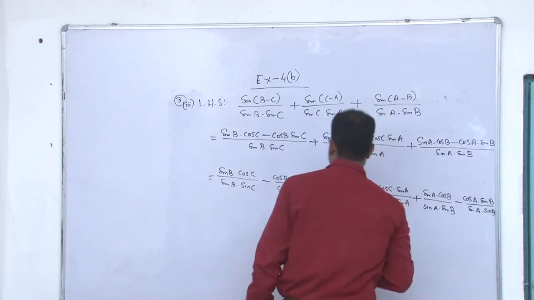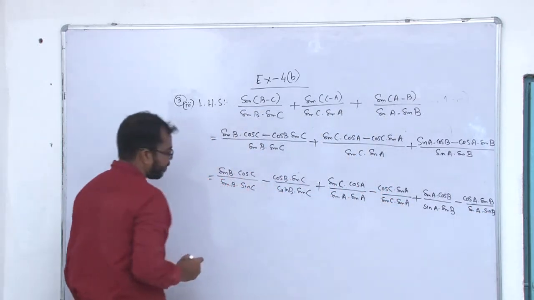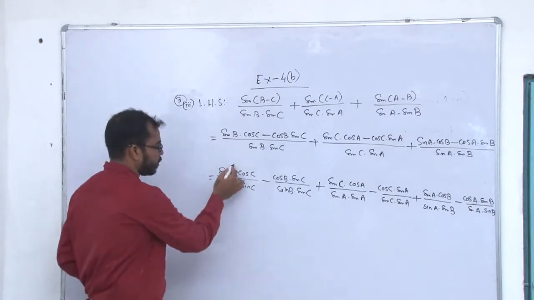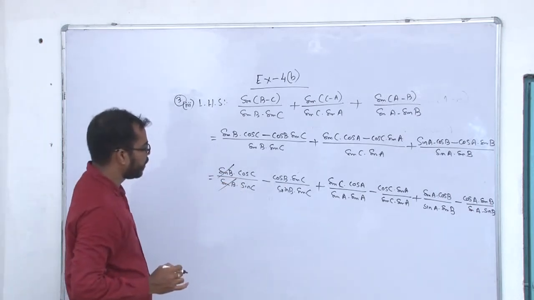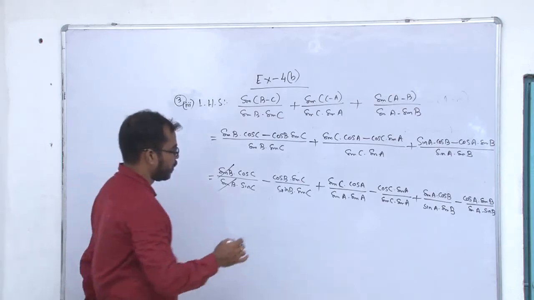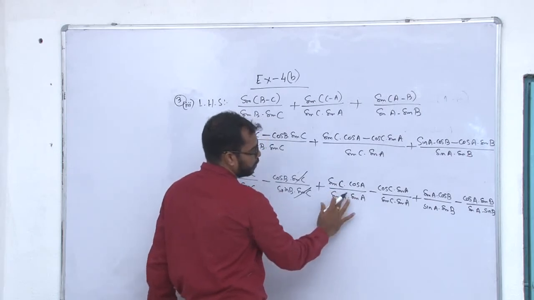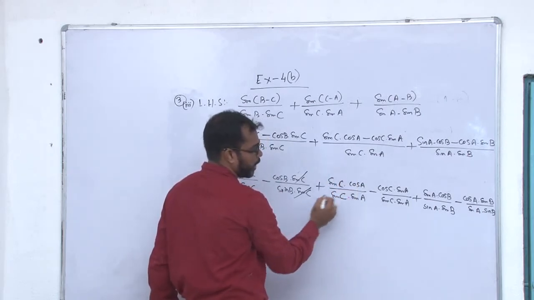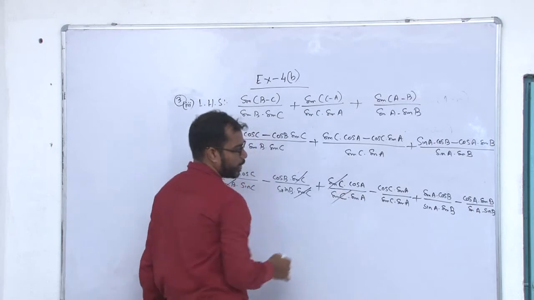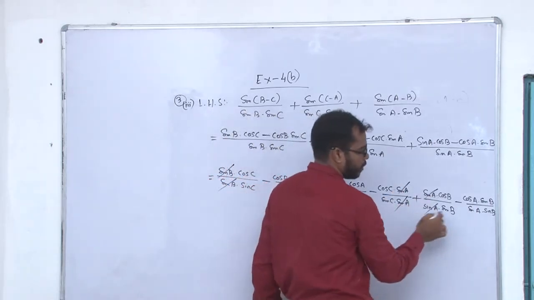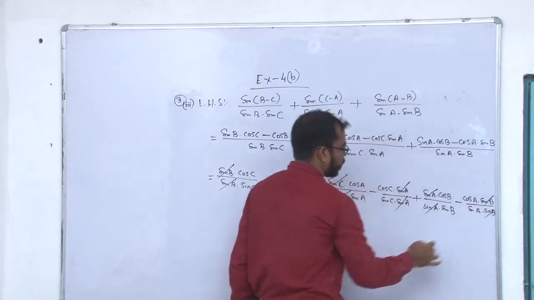Okay. Now cancel the same expression in both numerator and denominator. Here we cancel sin b by sin b, and here sin c, and here sin c to sin a. Here cancel sin c, and the next sin a, and the last one is sin b.